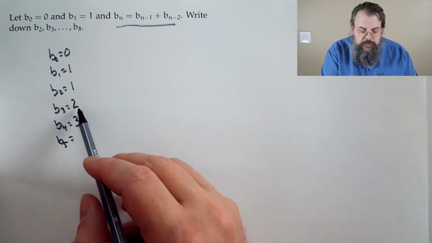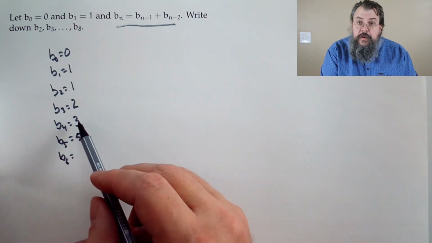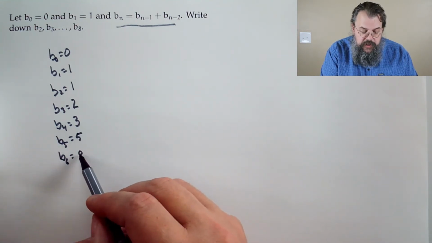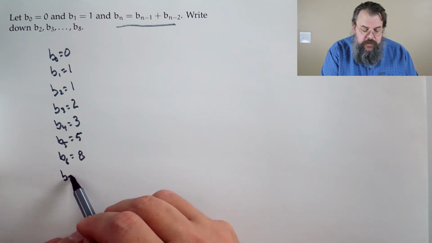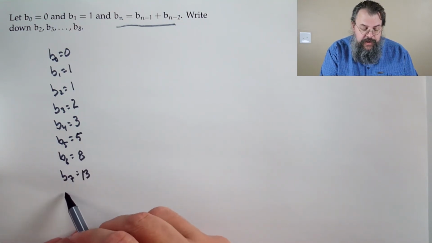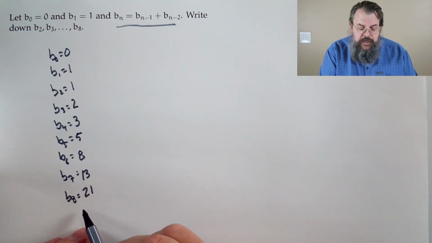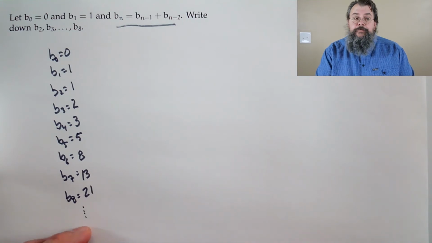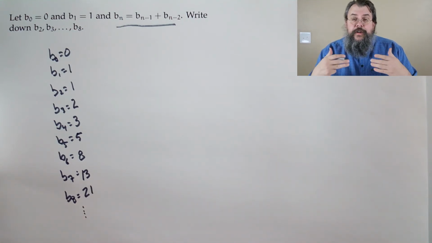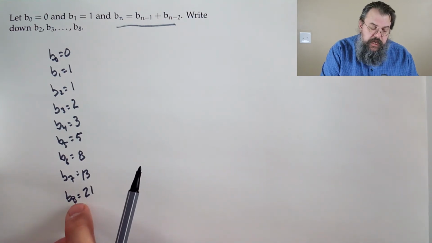Previous 2. 2 plus 3, 5. All right. Add the previous 2. 3 plus 5, 8. Add the previous 2. 5 plus 8, 13. Add the previous 2. 8 plus 13, 21. And of course you can keep going. And so those are the numbers all the way up through the B sub 8.